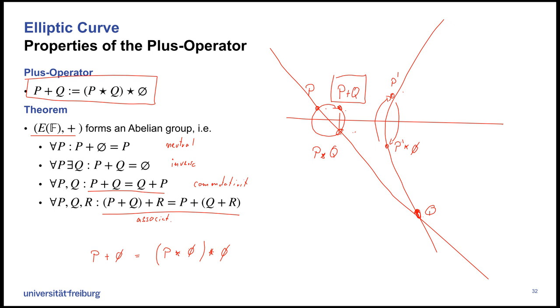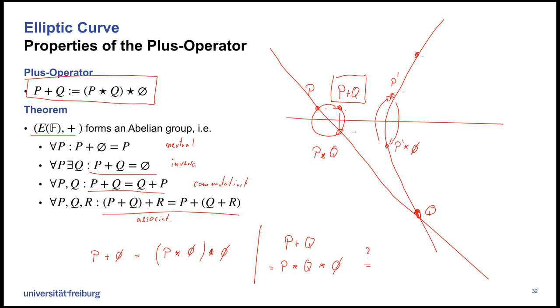Now this is more complicated. Is there an element so that you get infinity, so that P plus Q gets you infinity? Let's look at P plus Q equals infinity. P plus Q is the same as P star Q star infinity.